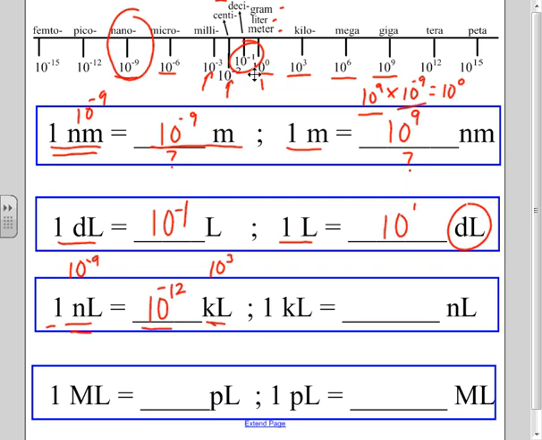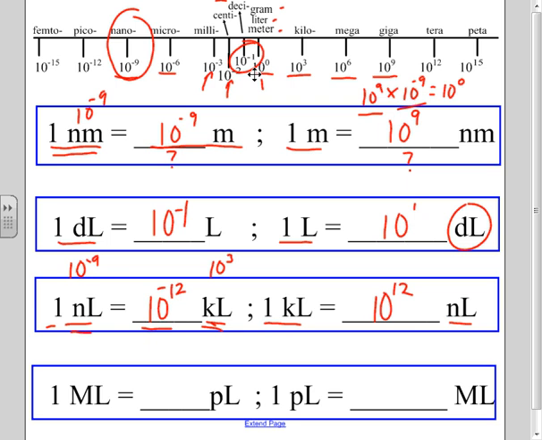Therefore, this exponent needs to be negative. Anytime you go from a smaller unit, such as a nanoliter, to a larger unit, such as a kiloliter, you'll need a negative exponent. Likewise, if you go from a larger unit to a smaller unit, now we will need a positive exponent, so that is going to be 10 to the positive 12th.